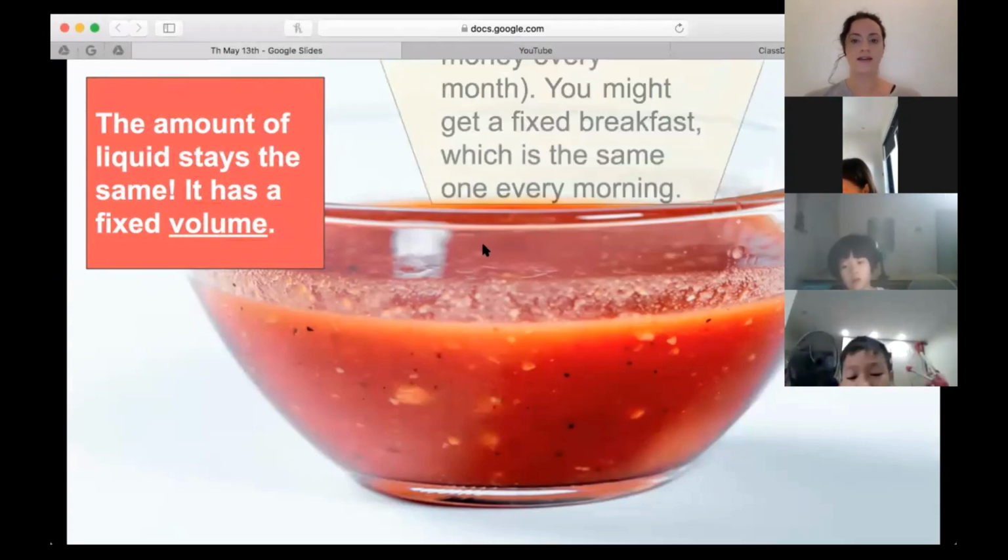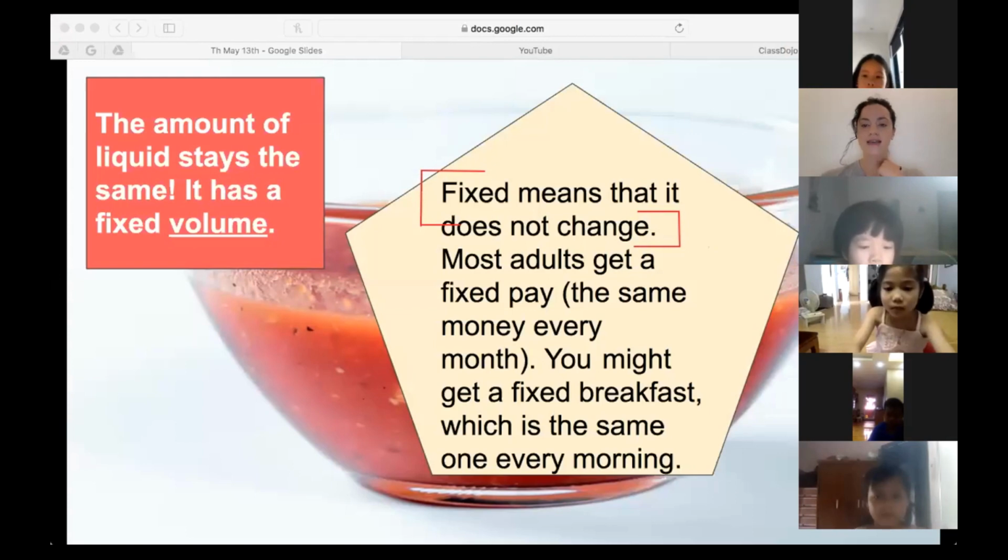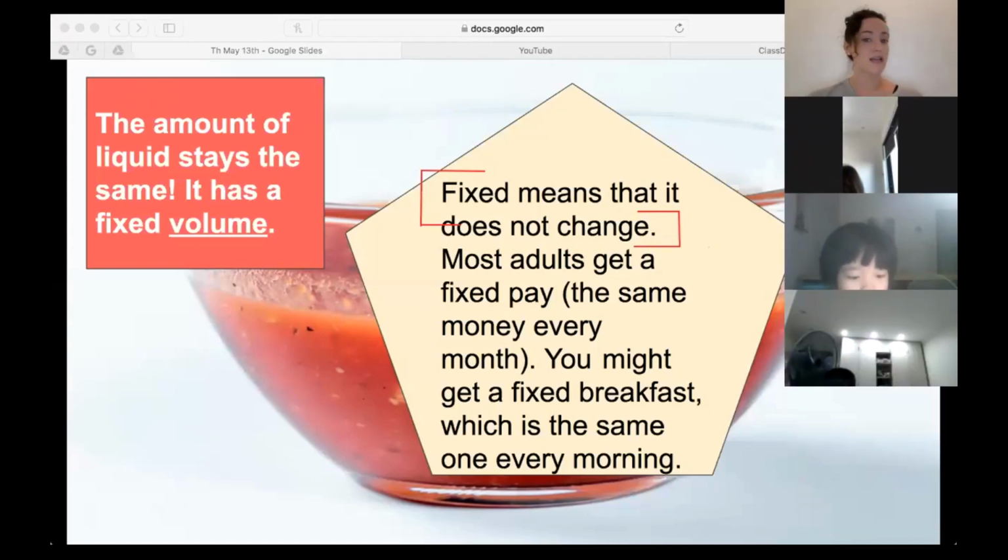Very good. Read the first sentence. Everyone. 1, 2, 3. Fixed. Very good. Fixed means it does not change. Most adults get a fixed pay, the same money every month.